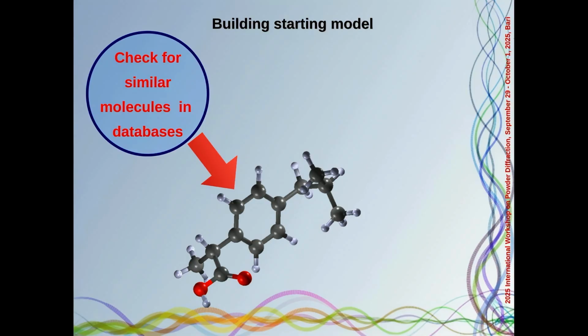If you are solving an unknown compound, it is likely that a big part of your structure is part of another structure that has already been solved and deposited in a crystal structure database. So the first action that you have to perform is to check for similar molecules in the database.